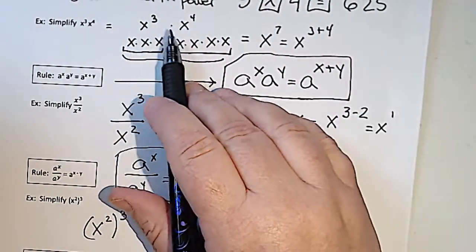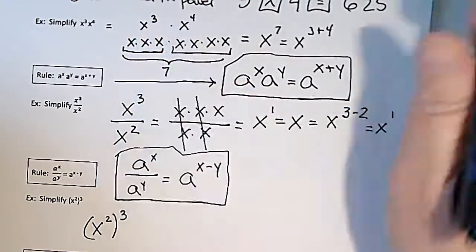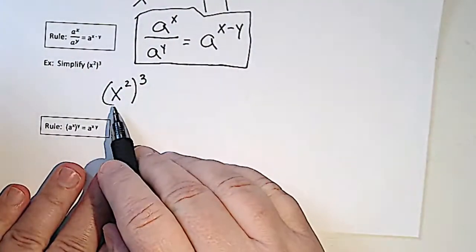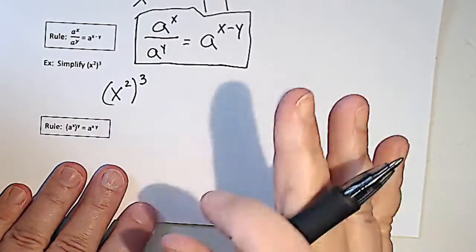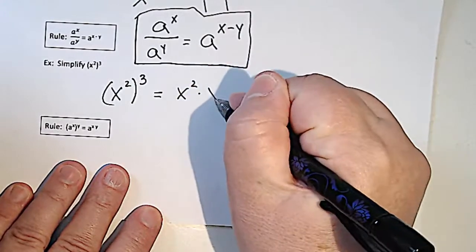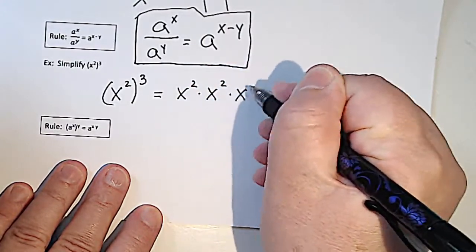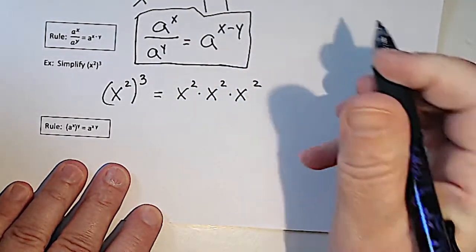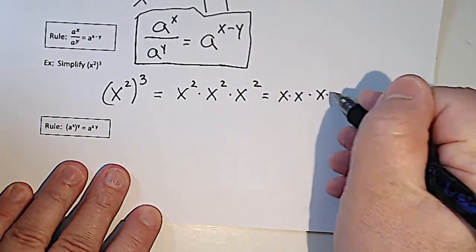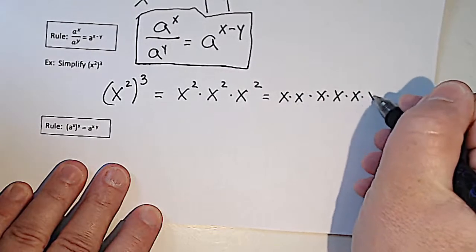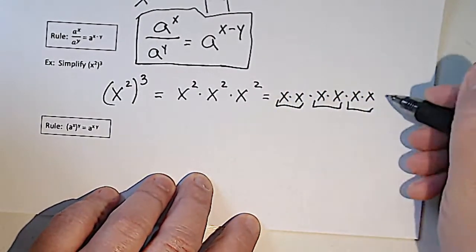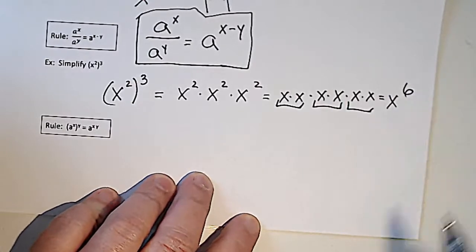Notice we have two bases, two exponents. Down here, what's happening that's different? Well, what's different is I have one base and two exponents. It's slightly different. So in other words, I want to do x squared times x squared times x squared. Well, that is x times x times x times x times x times x, right? 3 of those, which is x to the 6th.